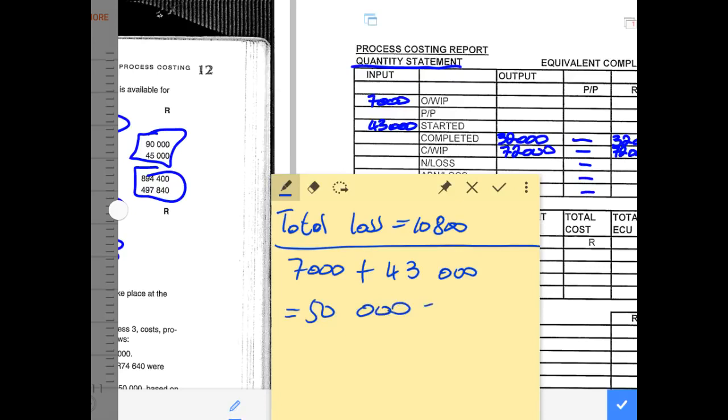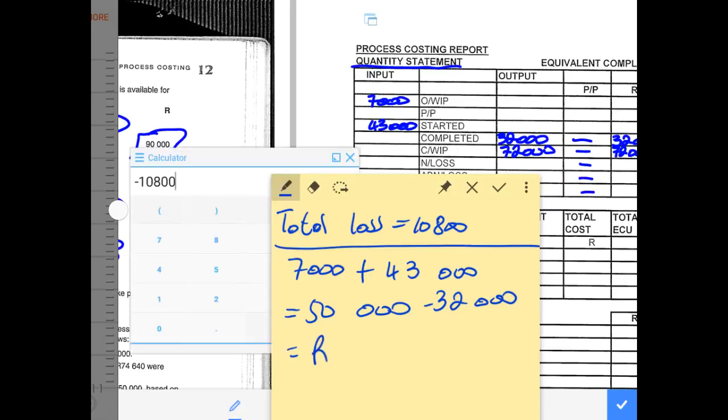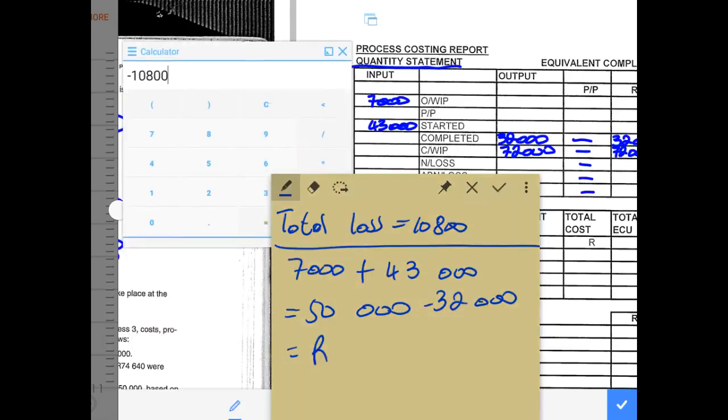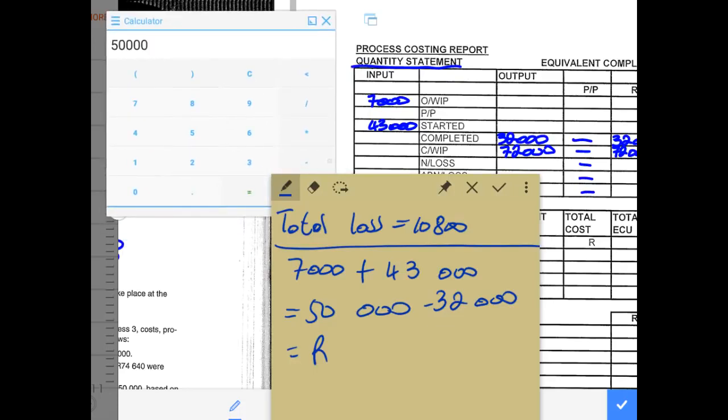And we know that closing is 7,200, and that 32,000 was completed. If we say 50,000 less 32,000, it gives us 18,000.